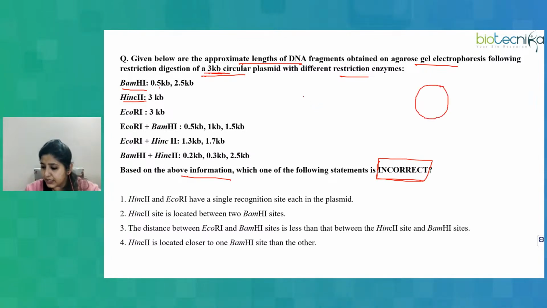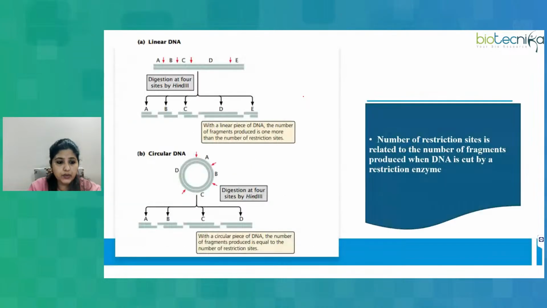Now here is one more concept which I would like to tell you. I don't know whether you know this or not. To determine the number of fragments, there is a very easy rule that you can remember. Whenever we talk about circular DNA, always remember the number of fragments obtained will be equal to the number of restriction sites present.